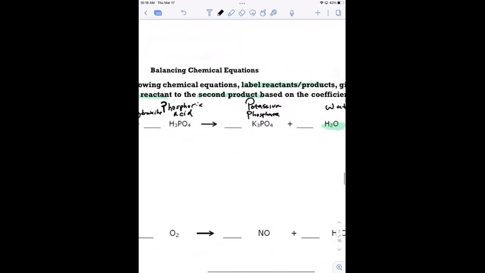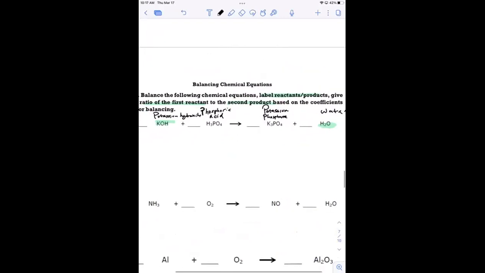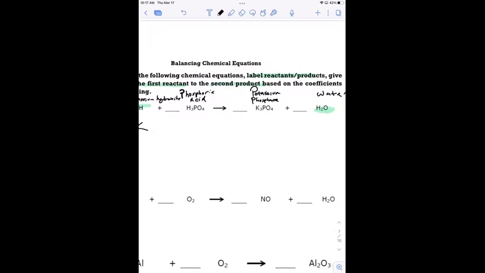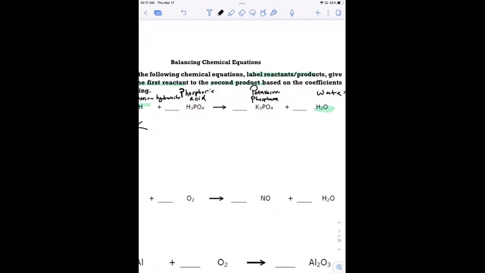All right. So let's go about balancing this. The best way to do it, again, is to make a list of the atoms. So you've got potassium, and sometimes depending on what the formula is, I'll keep the polyatomics how they are.